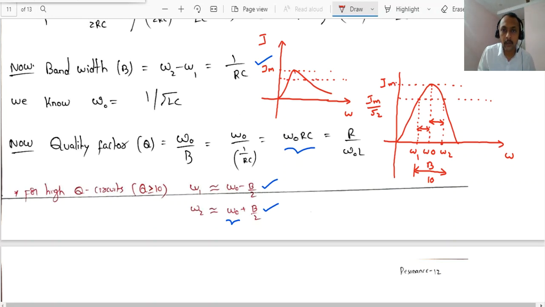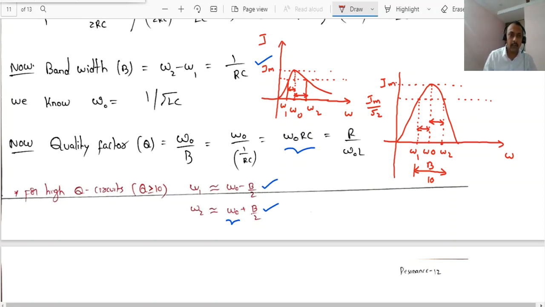Exactly at the maximum value, this is the resonant frequency, but at the half power frequencies, observe, if extended on the x-axis, this is omega 1. If the curve is something like this, it is not symmetrical, and omega 2 is here. In this case, can you say the distance from omega 1 to omega naught and omega naught to omega 2 is not equal? It is not equal for this graph, observe.